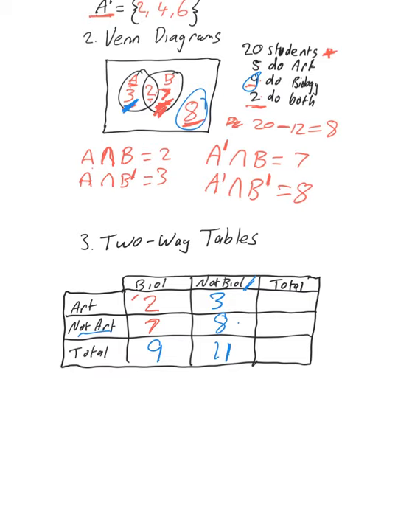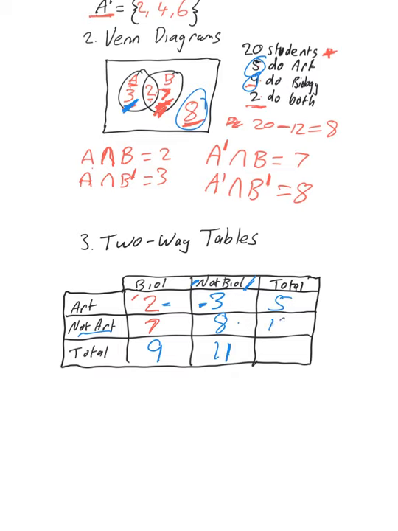If we've got students that are doing art and not biology, and both, so we've got the 2 and the 3 makes 5. So that's our total of our art students, which was right back up here.